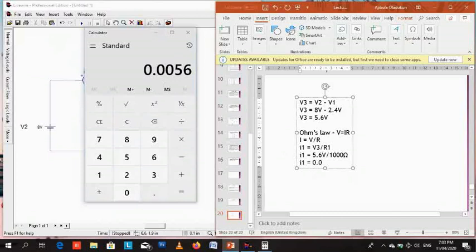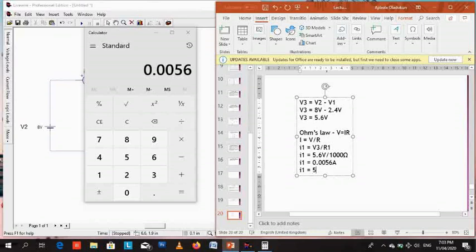0.0056. The unit of current is amperes, amps. So we can change this: if you move the decimal to the right 3 times, 1, 2, 3, you have 5.6 times 10 to the power minus 3 amps.